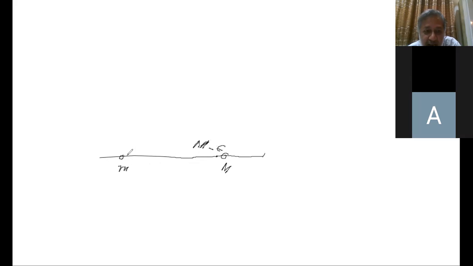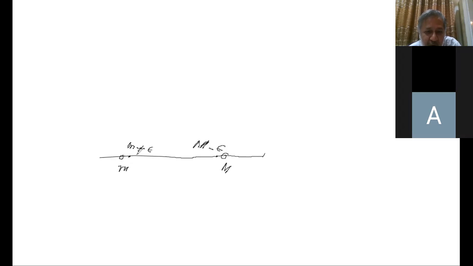Similarly, if m plus epsilon is some point here, so small m is the infimum. Every element of the set is greater than or equal to this small m.